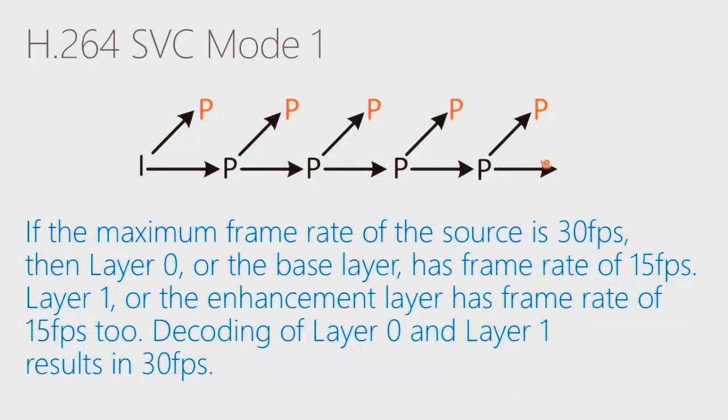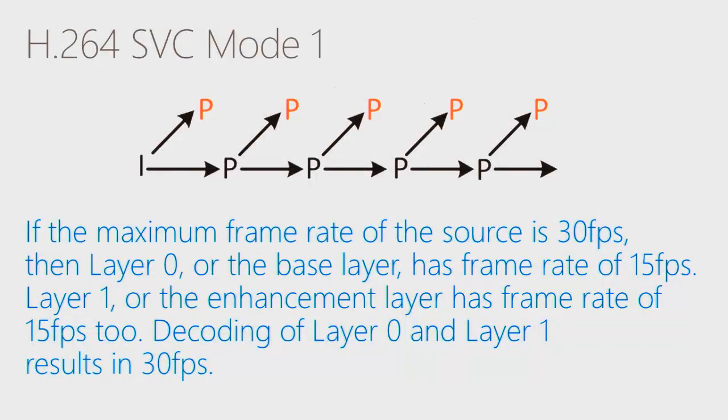I would just send this part, layer 0, and the receiver will reconstruct it as 15 frames per second. The advantage is that the sender only sends one stream, right? And then the AVMCU can just switch it, give you this information or all the information, so that the receiver can reconstruct either 15 or 30 frames per second, okay? So that's a great advantage.